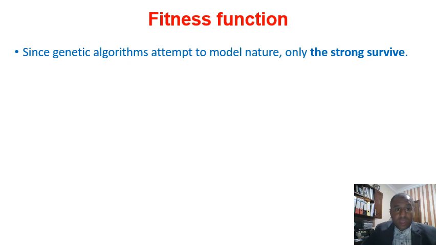Fitness function: how to evolve without knowing the best or the better individuals? This is through the fitness function. Each solution has some fitness, some goodness, some evaluation or assessment of how desirable this solution is. So the genetic algorithm also emulates nature through keeping only the strong; the strong survive.